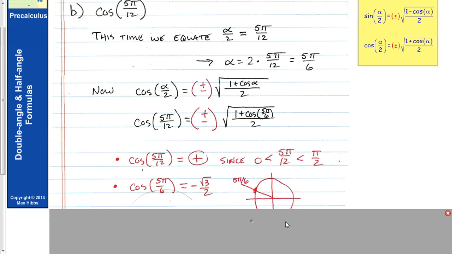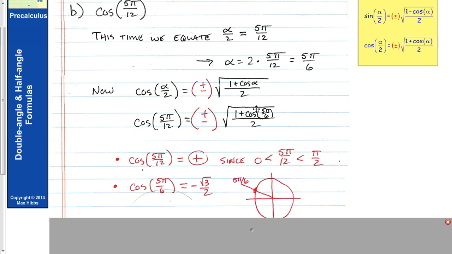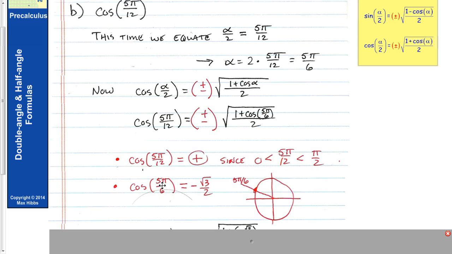Now, another part of this formula, we have a cosine of 5 pi over 6 inside the radical, and so we need to know what the cosine of 5 pi over 6 is. And that's what I'm doing here. First, I find out where the angle 5 pi over 6 is, and I decided that it's in the second quadrant. Then I look at that angle and say, well, that first coordinate is going to be negative, and in fact, it's negative square root of 3 over 2.